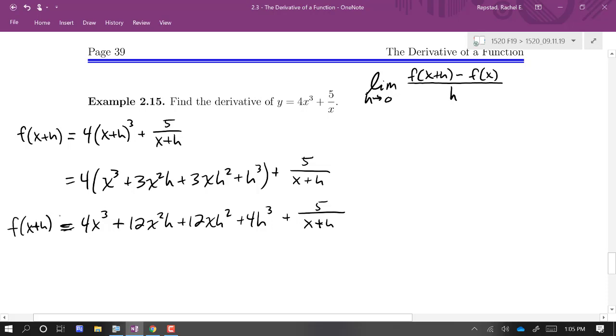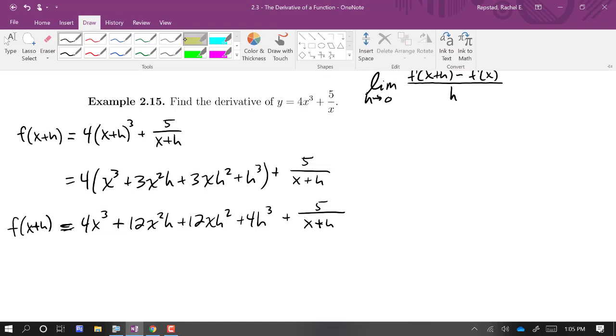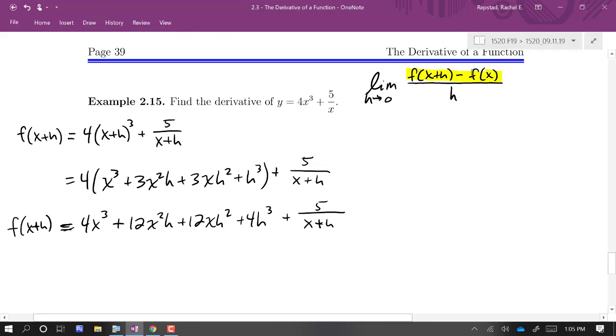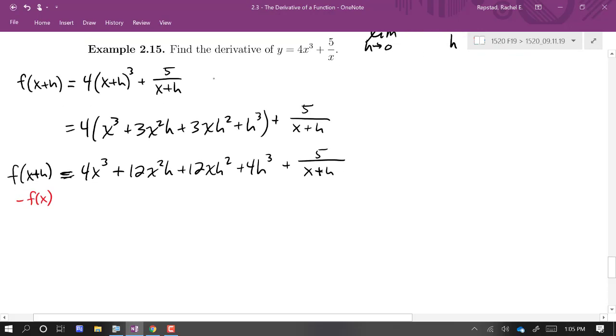Now if I go back and look at that limit, the next thing we want to do up here is just subtract f of x from that. So let's do it. If I subtract f of x, then on this side I just need to understand that means I'm going to be subtracting 4x cubed and subtracting 5 over x. So we get just one thing to cancel, right?